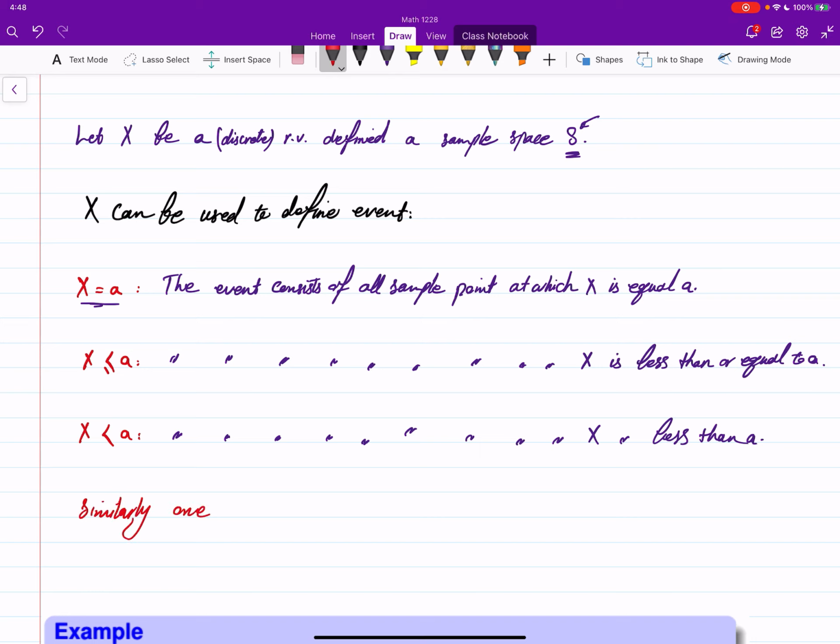And similarly, one can define things the other way around. So take X bigger than a, or X bigger than or equal to a, or inequalities from both sides, something like this.